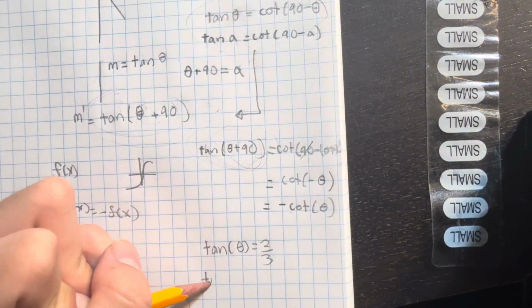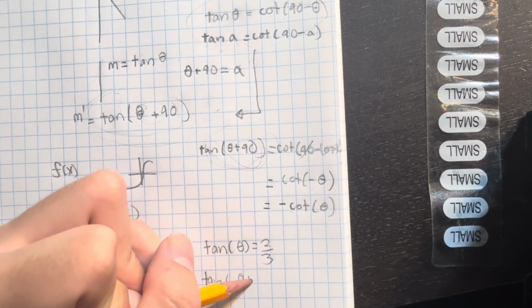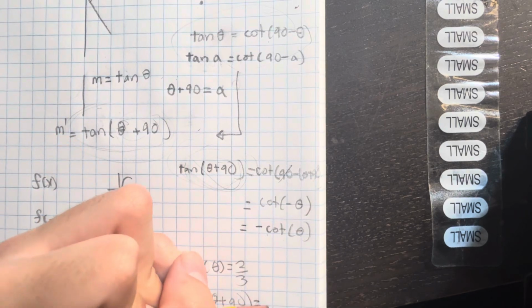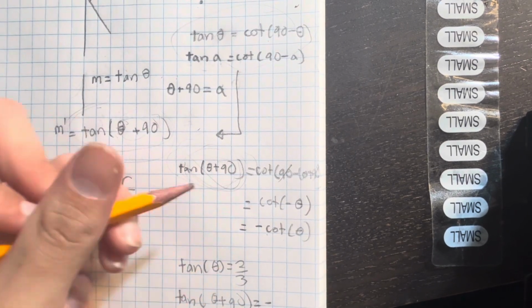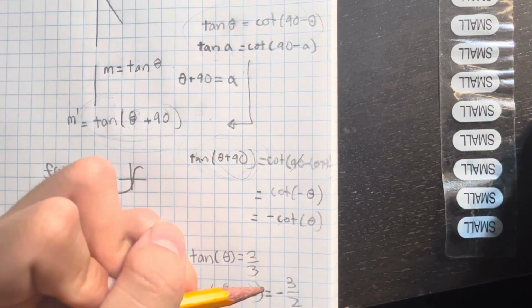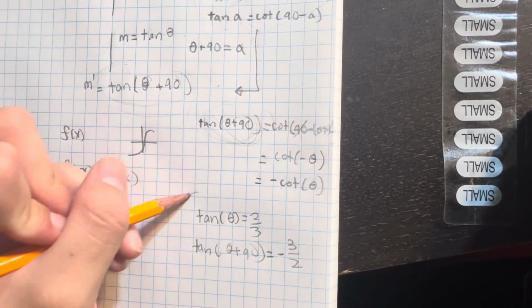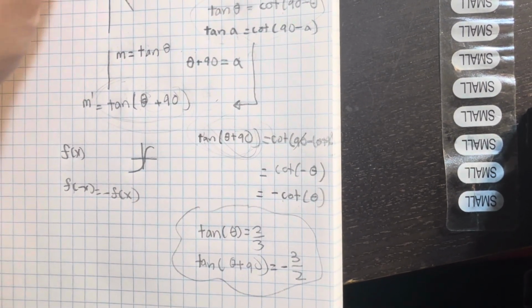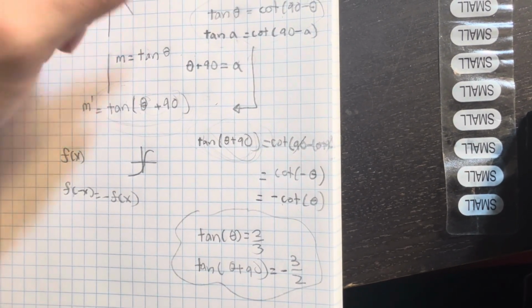So the tangent of theta plus 90, the perpendicular one, is going to equal the negative cotangent, and the cotangent would just be the reciprocal of the tangent. So it'd be negative 3/2. And that is our explanation. So that's why the perpendicular line has a slope of the negative reciprocal.